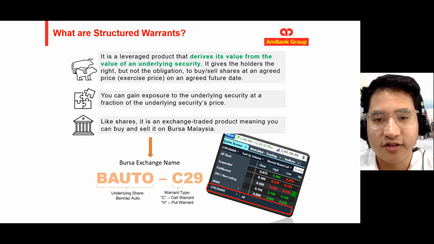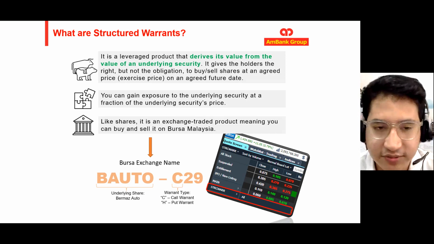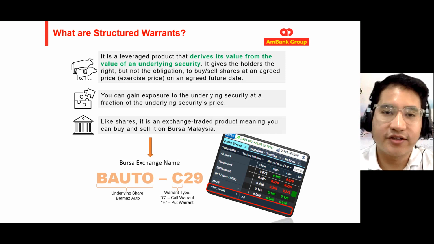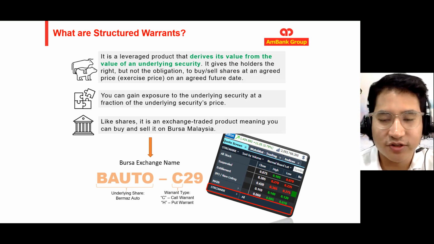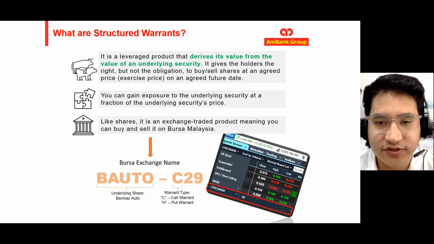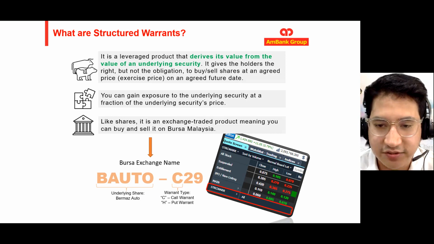Like shares, it is an exchange traded product, meaning you can buy and sell it on Bursa Malaysia. You can identify a structured warrant when you're looking through the list of securities on the exchange because it will always have a name like this. For example, B Auto C29.